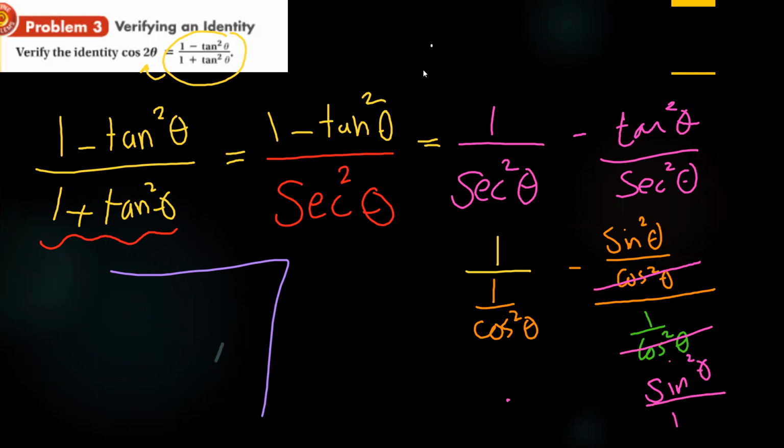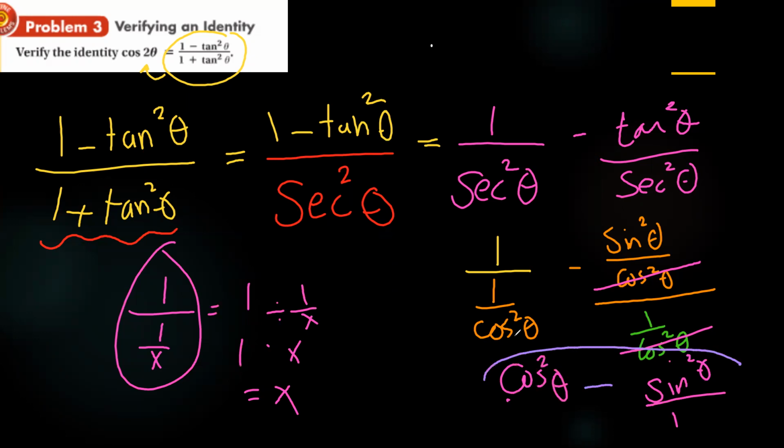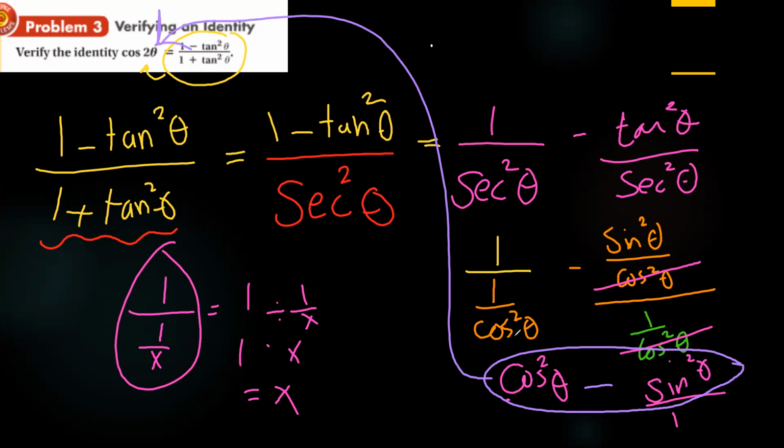And if we have 1 over x, this is 1 divided by x, change the division to multiplication, the reciprocal of x. So 1 over 1 over cosine squared is cosine squared. Then cosine squared minus sine squared is equal to cosine 2 theta.